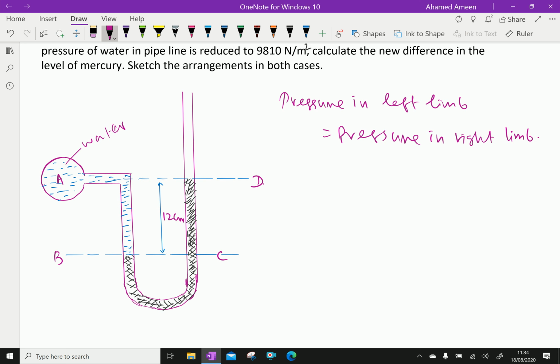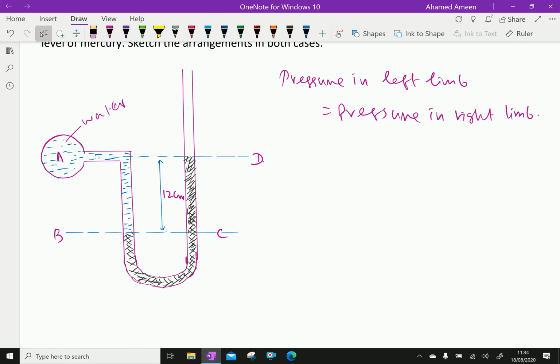Pressure in the left limb, suppose the pressure in the pipeline is PA, is PA plus rho g h. Rho is 1000 for water, rho g is 9.81, h is 0.12 meter.